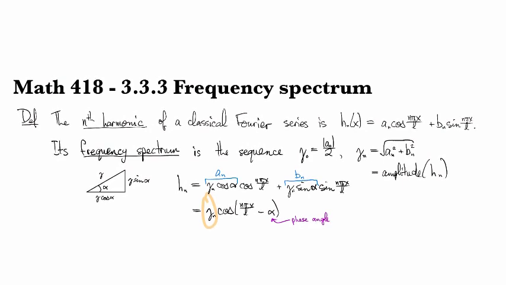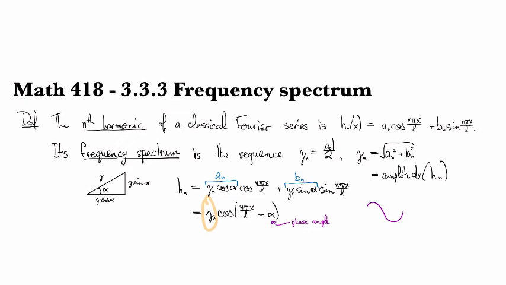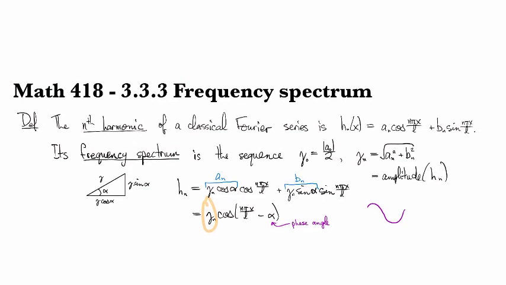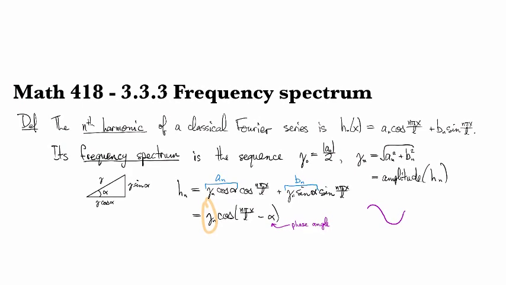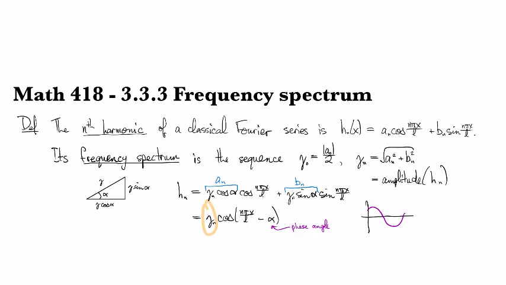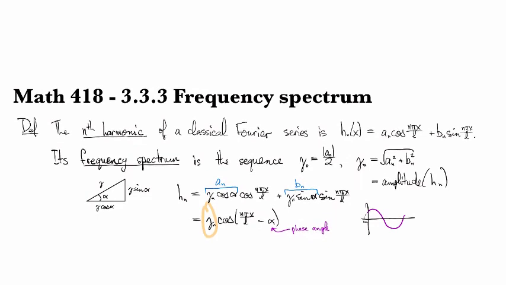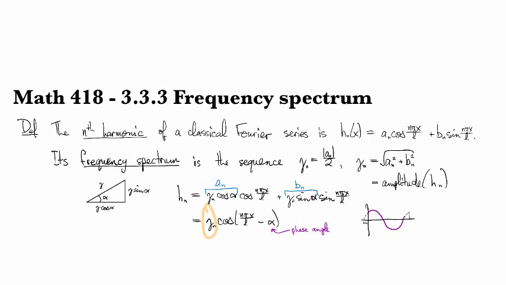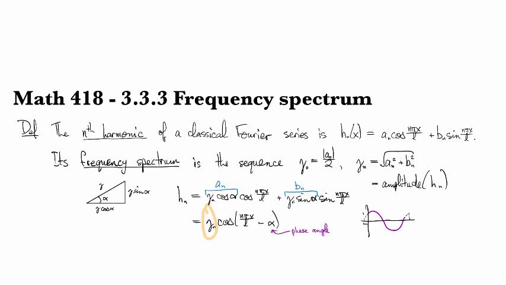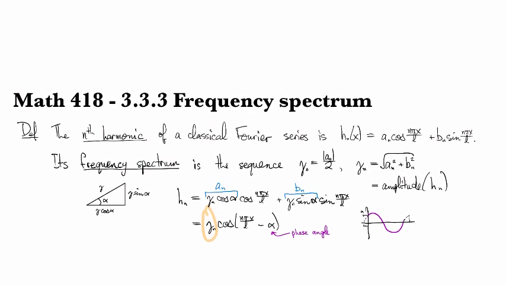So we might have a cosine function that looks like, one period looks something like that. And so then what's going on here is we've got some amount of phase angle shift right here. That's the distance alpha that we're talking about.